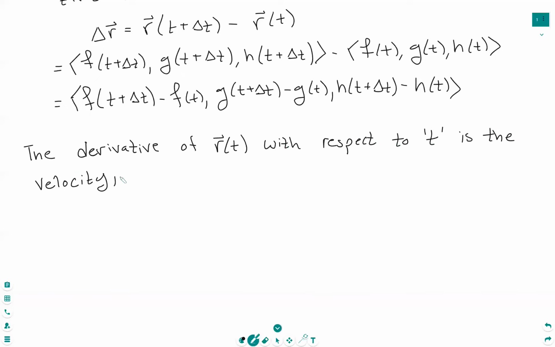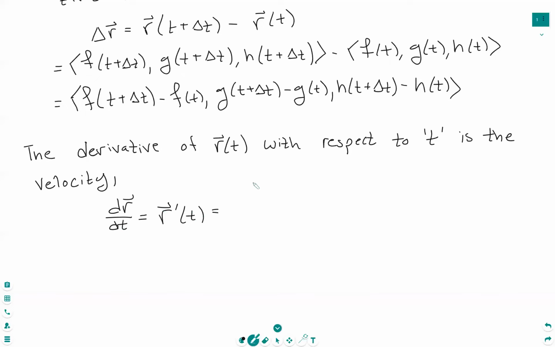Right? We can think of that from physics 1 and just even calc 1, right? We had some f of t function that described the position as a function of t. We take the derivative with respect to time, we end up with this velocity. Well, we can write this as dr dt, or another way of writing this is r prime of t.